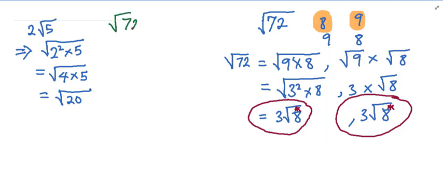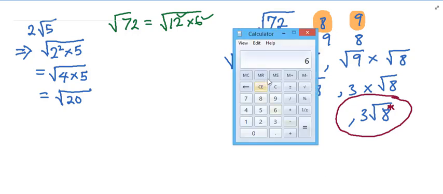Surd 72 is equal to surd 12 multiplied by 6. Okay, it's not really making sense because 12 is not a perfect square. So let's check a number like 16 and see if we're going to get what we want. So 72 divided by 16 is 4.5, still not making sense.